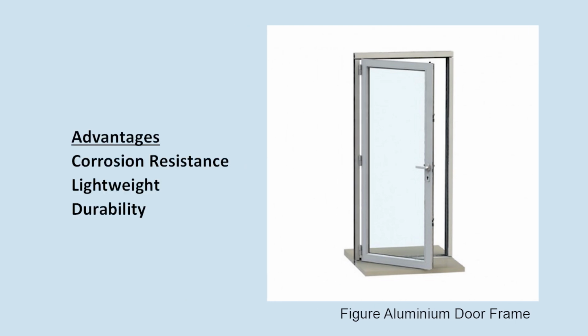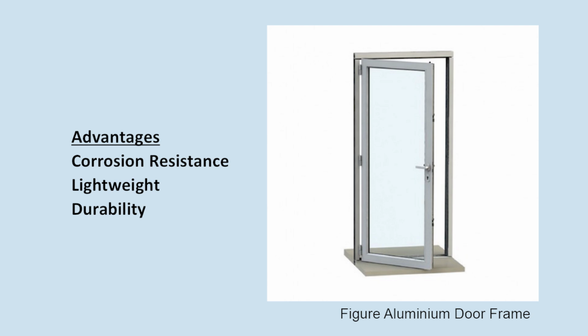So, what are the advantages of using the aluminum door frame? The first and foremost important advantage of aluminum door frame is corrosion resistance. Aluminum is highly resistant to corrosion, making it ideal for environments exposed to moisture.